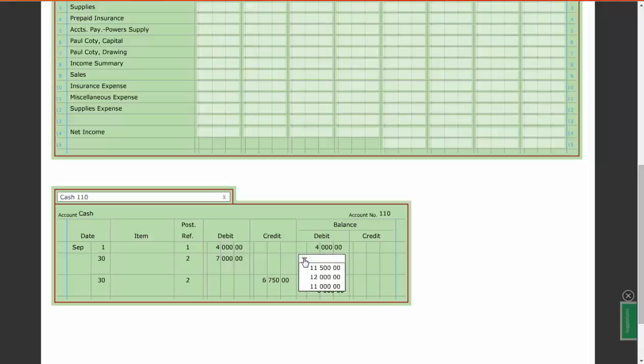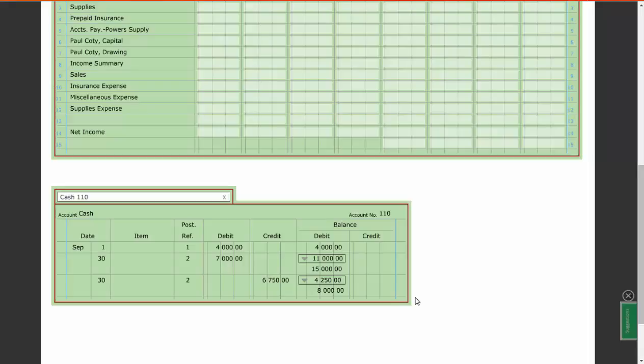If you choose the drop-down menu here, hopefully you can figure out that's 11,000. So we're going to do 11,000. We're going to subtract from that 6,750. And that should give you 4,250. Would you agree? Are you staying with me on that one?